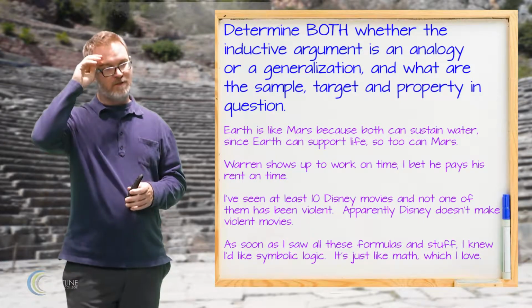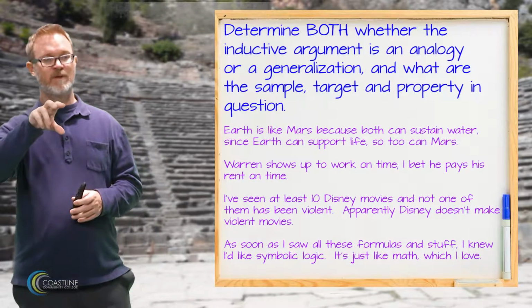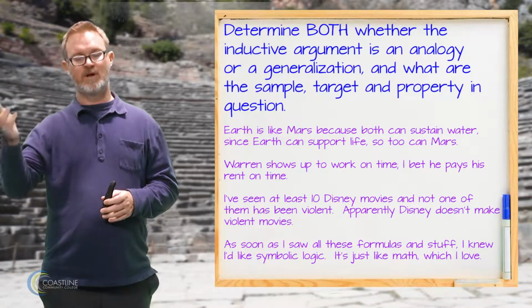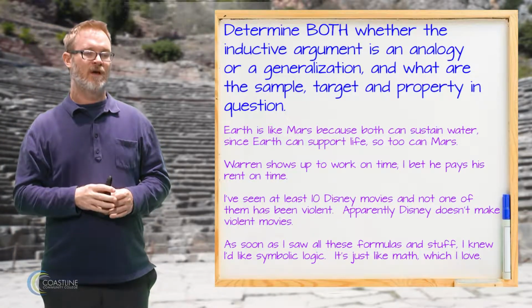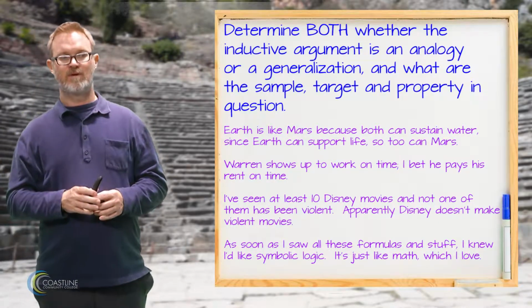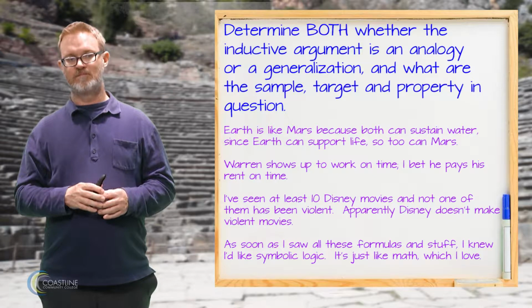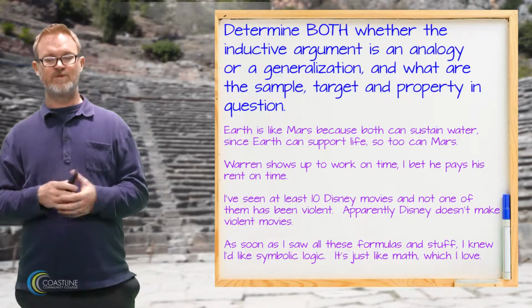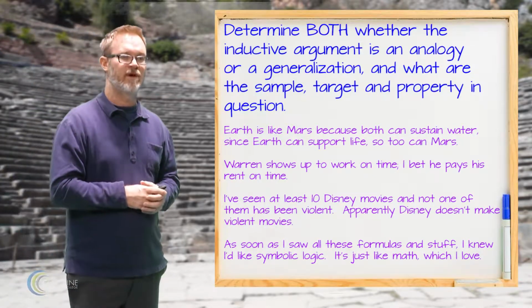So we have the sample as the 10 that have been seen, the target is all the Disney movies, and the property in question is something like being violent movies.